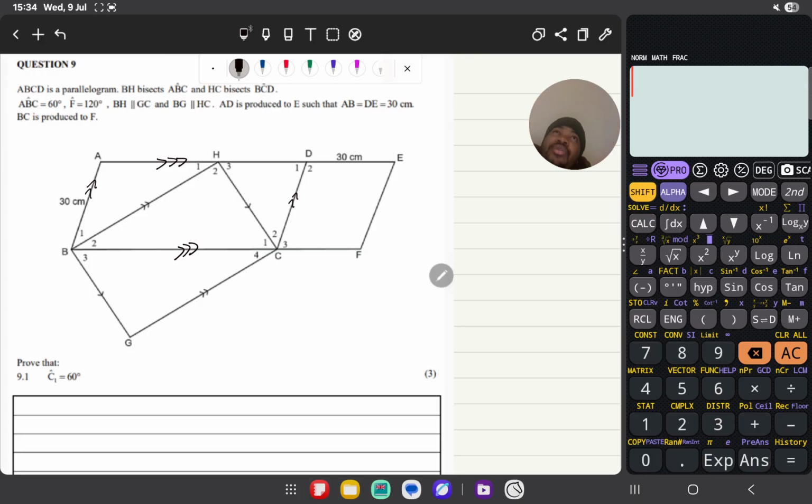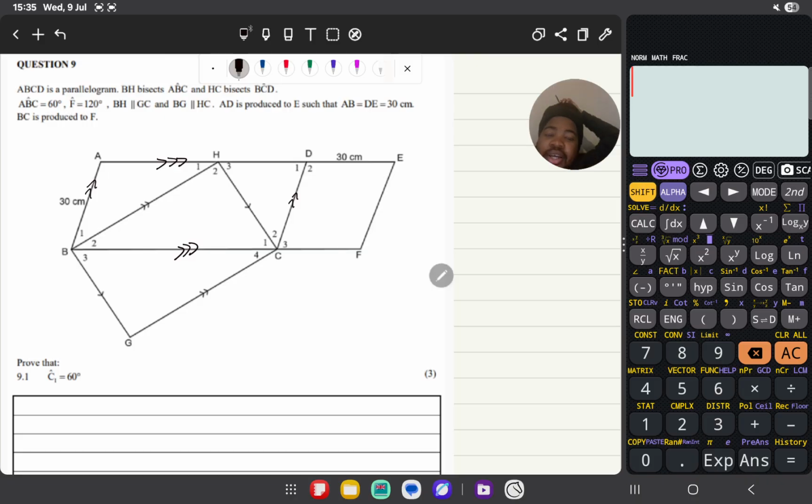Into two equal parts. The same is true when we are talking about angles as well. We'll say this line bisects this angle. In short, we are saying that this line divides our angle into two equal angles, right?